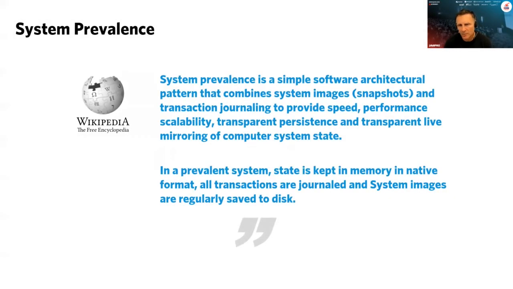With this system prevalence approach, we do it completely differently. We use Java serialization to persist our object graph directly into plain files, and use snapshots for persisting objects. This was the previous concept of system prevalence.